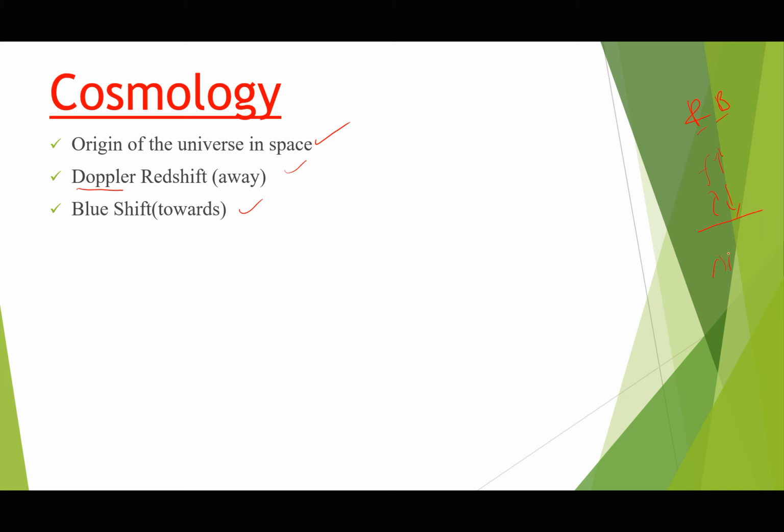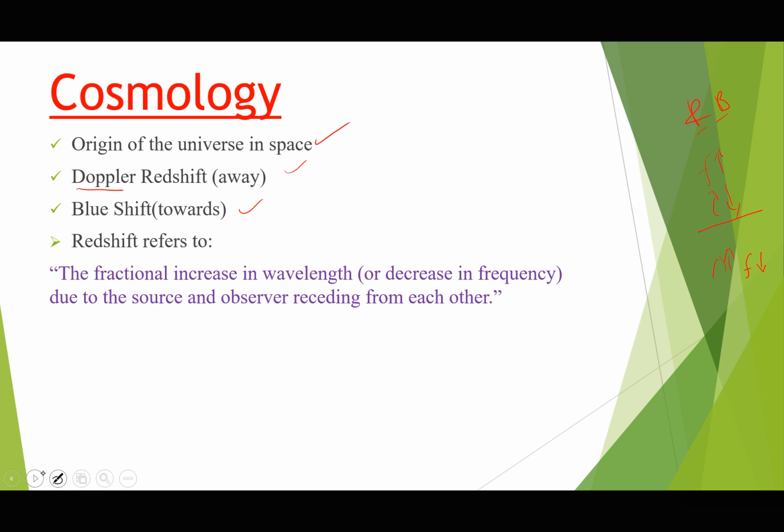If the wavelength is increasing, it's simply because the frequency is decreasing, and the frequency decreases when the source is moving away. So redshift will be away from the observer, and the blue shift will be towards the observer. We shall define the Doppler redshift or the cosmological redshift as the fractional increase in wavelength.